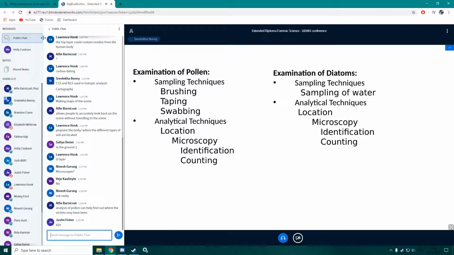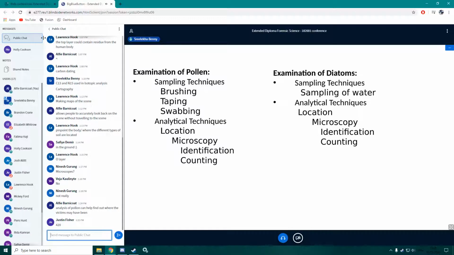A few more things, the instruments, and then you need to know the benefits and limitations of these techniques. When we cover that too, this C section will be finished too.